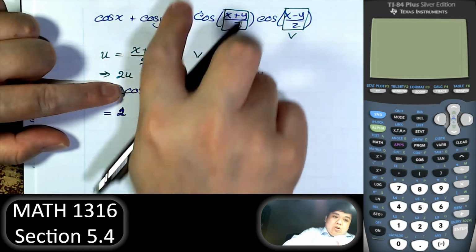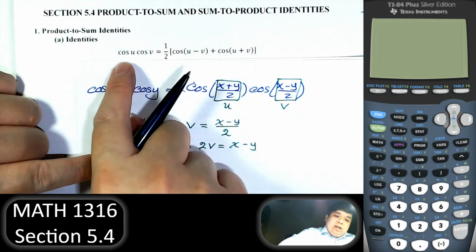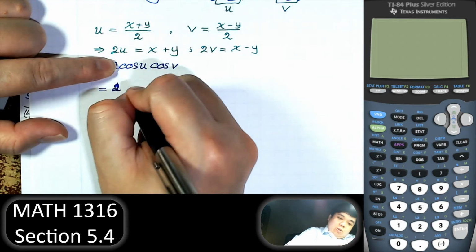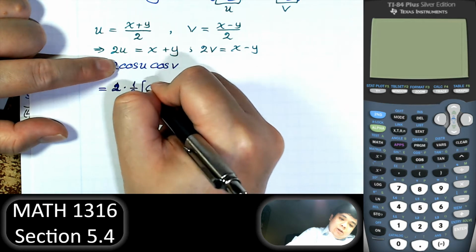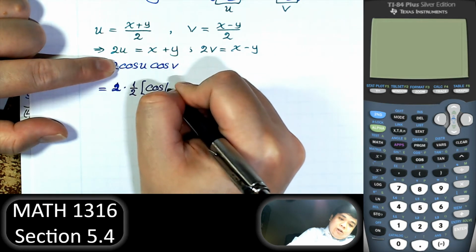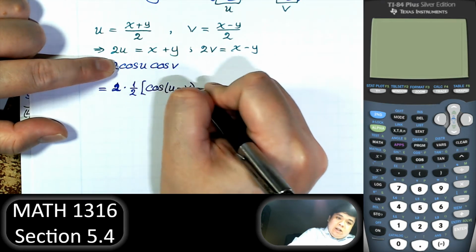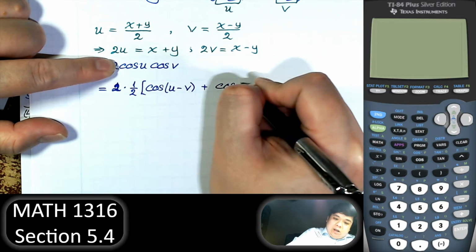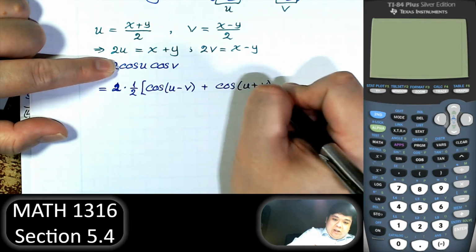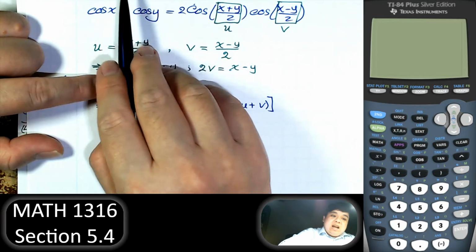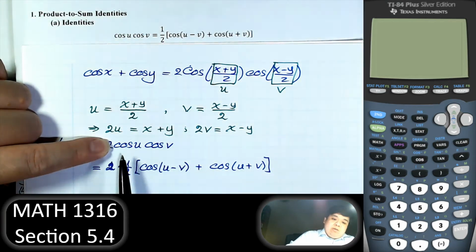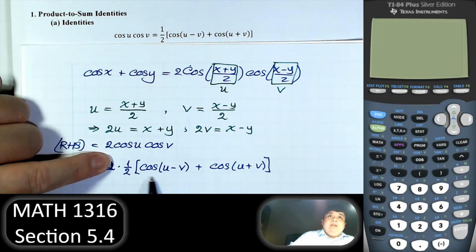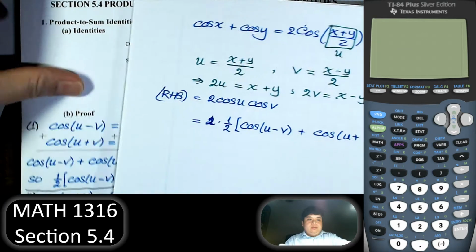The product cosine u and cosine v is going to be that. So 1/2 cosine of u minus v and cosine of u plus v. So that is exactly the product to sum identity. Cosine of u times cosine v is 1/2 times cosine of u minus v plus cosine of u plus v.